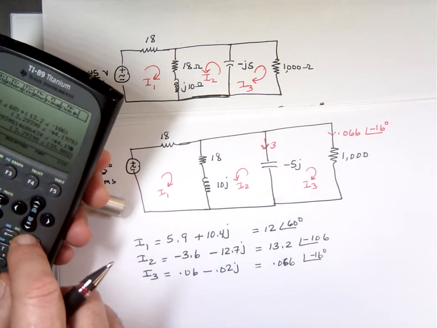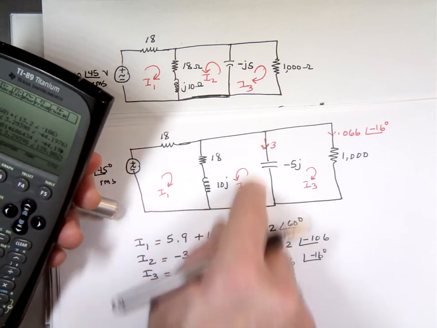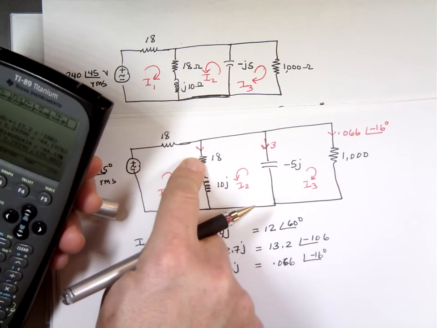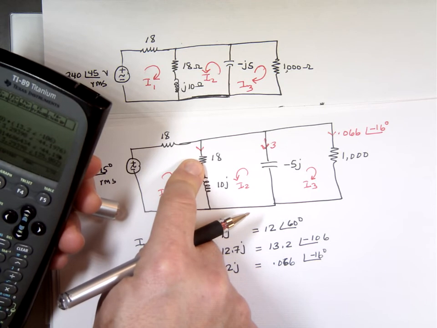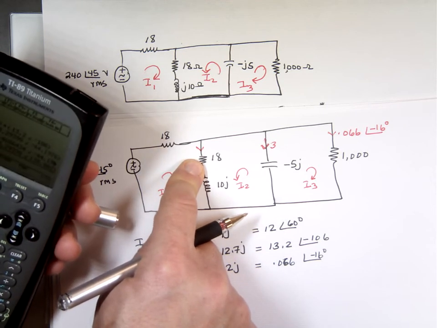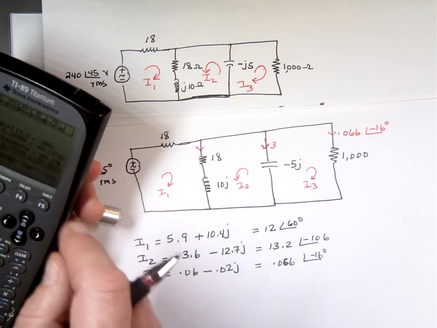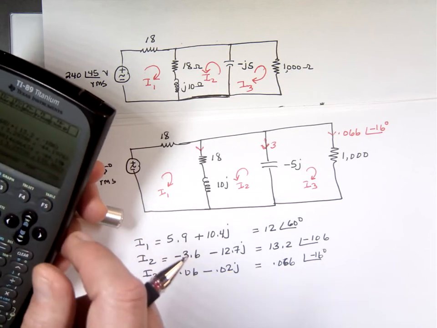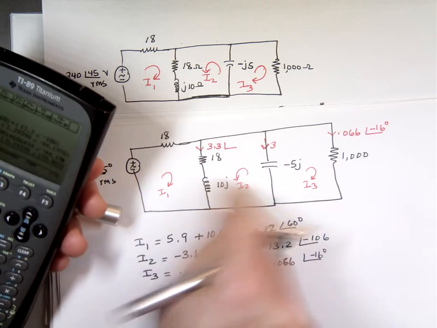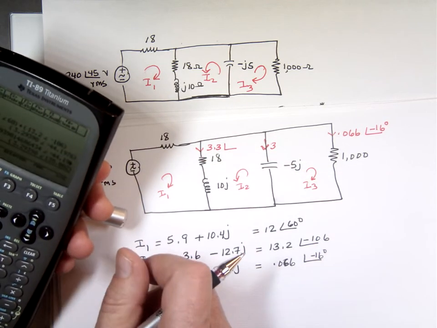That 1 and 2 will be this current. So I found that current to be 3.3 angle negative 44 degrees, which is 1 plus 2.